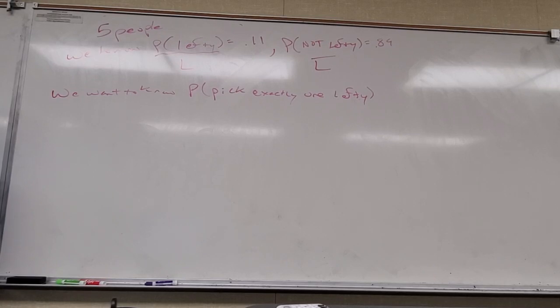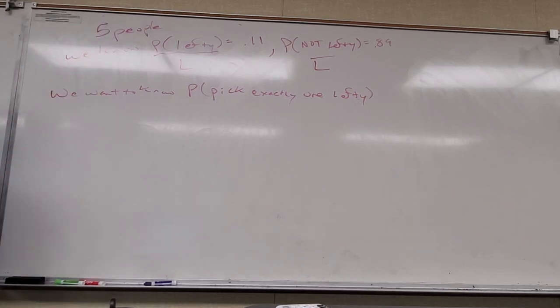Stop for a minute. You guys all with this idea? 5 people. No row has 5 people. Shoot. So I have 5 people lined up against the wall, and I'm going to pick one. What's the probability I get a left-handed person? So now I got 5 people, correct? What's one way we could do this?